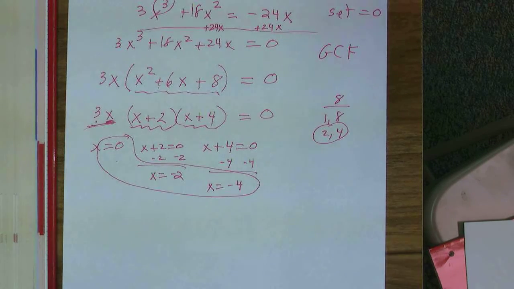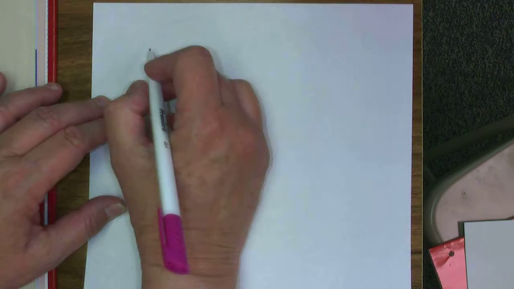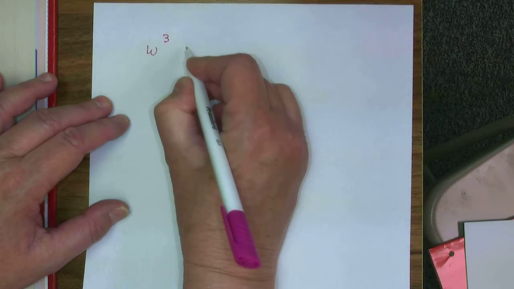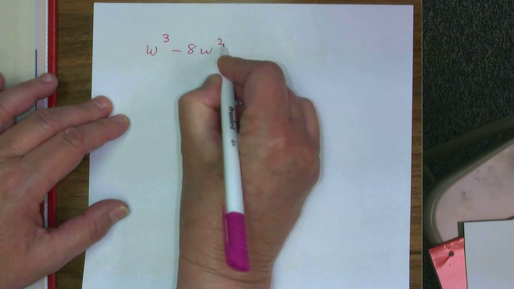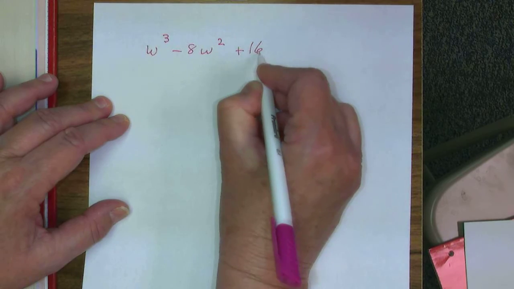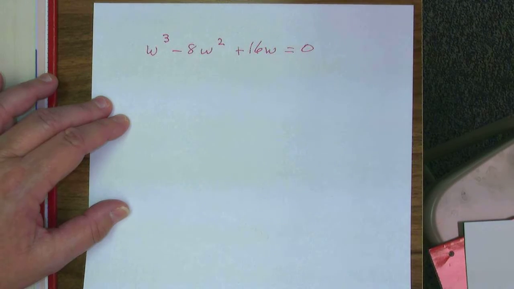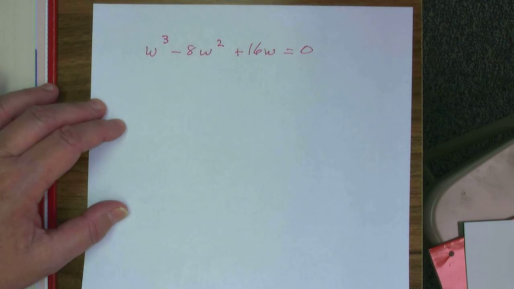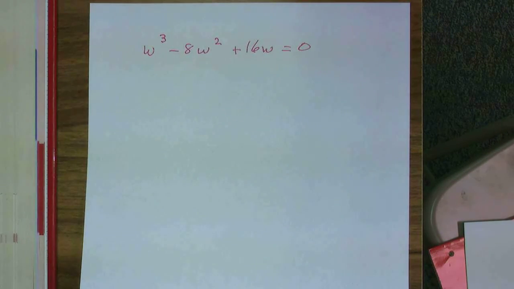So let's have you try another problem. w cubed minus 8w squared plus 16w equals 0. Pause the video, see if you can go ahead and try it on your own.